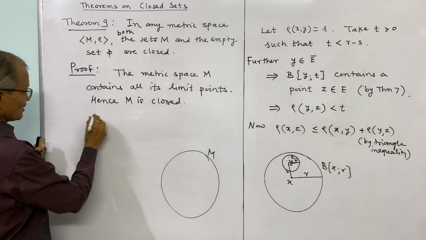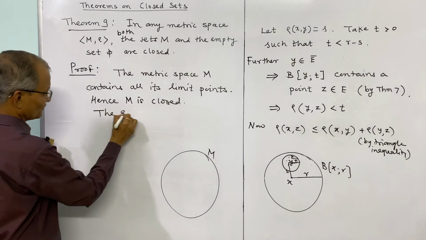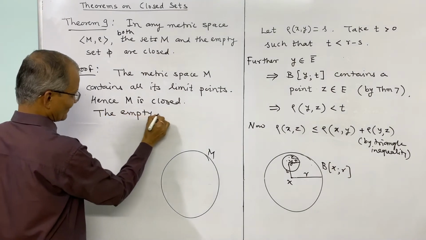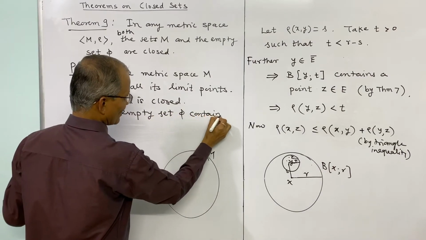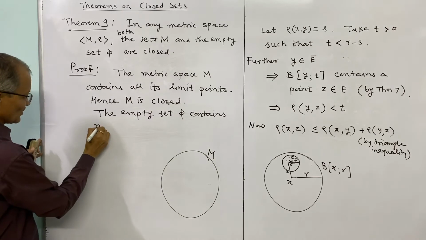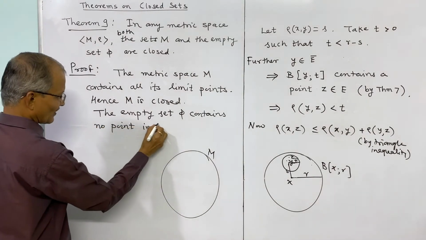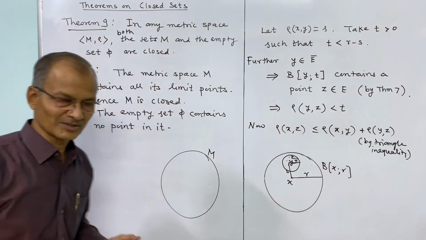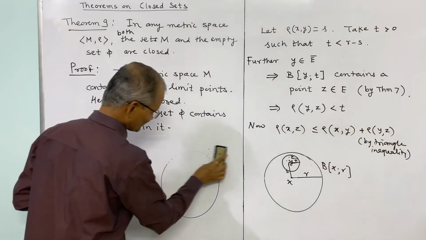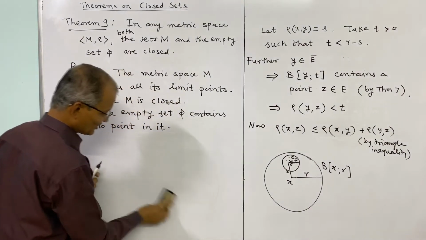Next, the empty set phi contains no point in it, and therefore it contains all its limit points. How is this so?